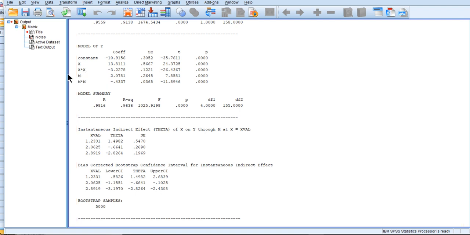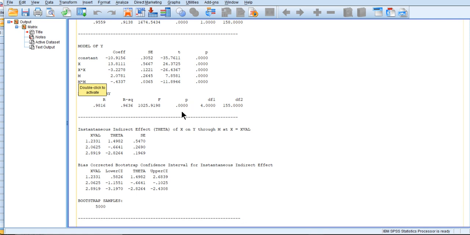The relationship between the simple mediator and the dependent variable, and the quadratic effect of the mediator and the dependent variable. What we can see here is that all relationships are significant.